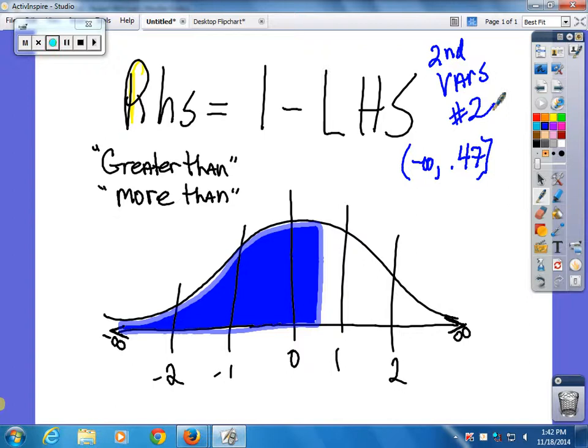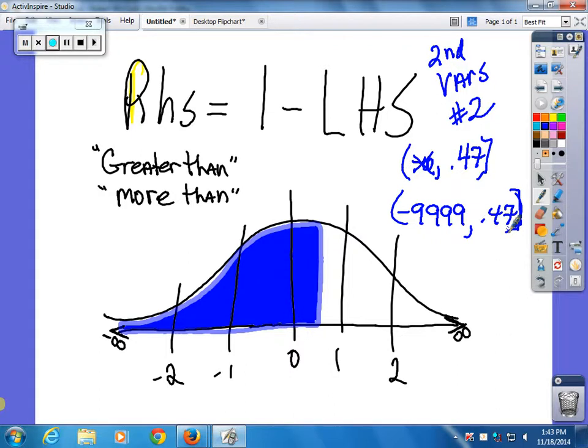So I'm going to put in, instead of infinity, negative 9999, comma, 0.47. Somebody tell me what you get when you do second bars number 2, negative 99999, comma, 0.47, close parentheses.